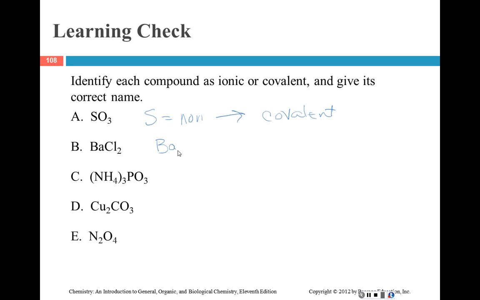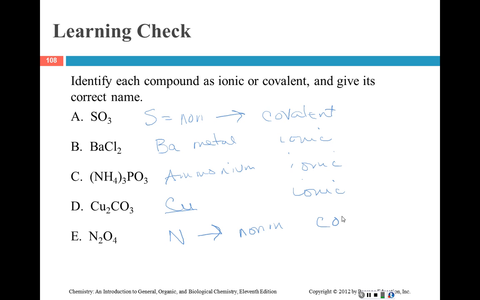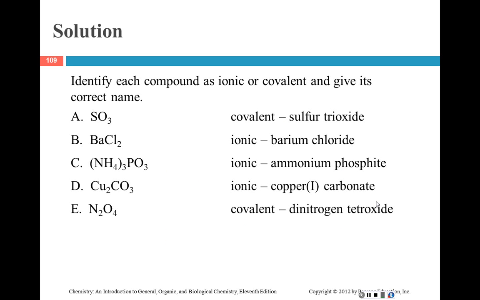Barium is a metal, so this one must be ionic. Ammonium, we know that one has to be what? Ionic. Copper is a metal, so it is ionic. And nitrogen is a nonmetal, so it must be covalent. All right, see, that's pretty easy. As long as you can look at your periodic table, you can figure those out without even really knowing a lot of detail about these elements.